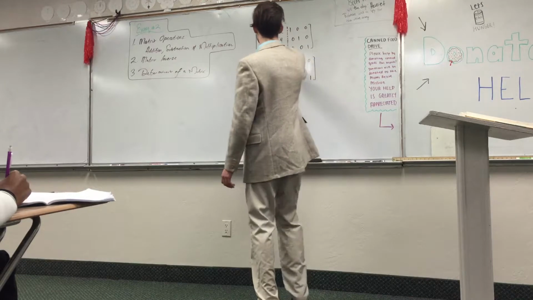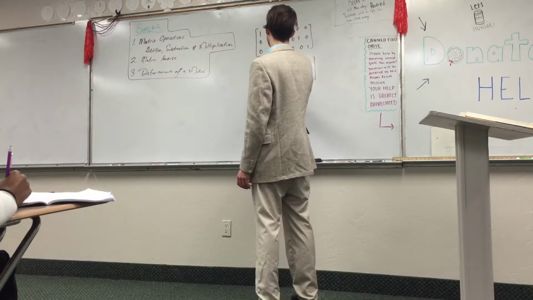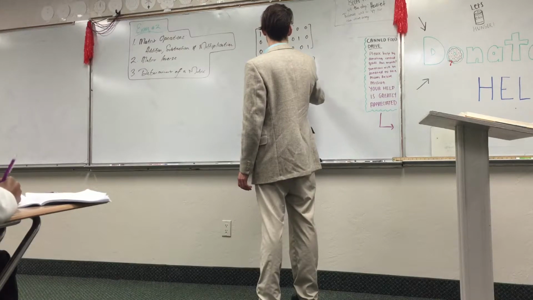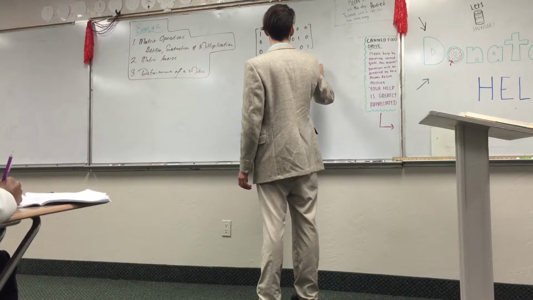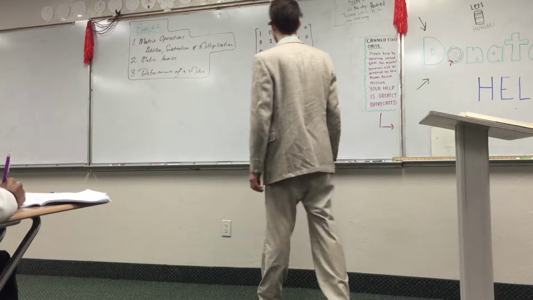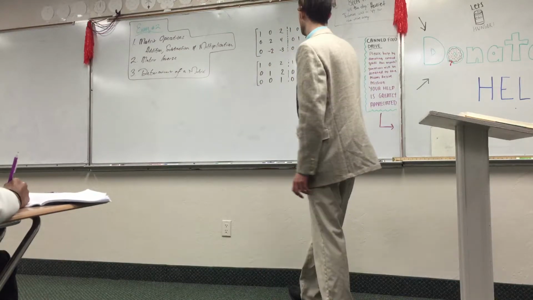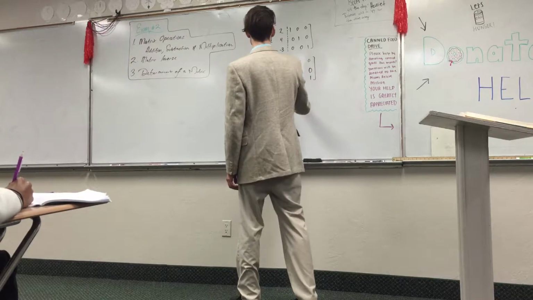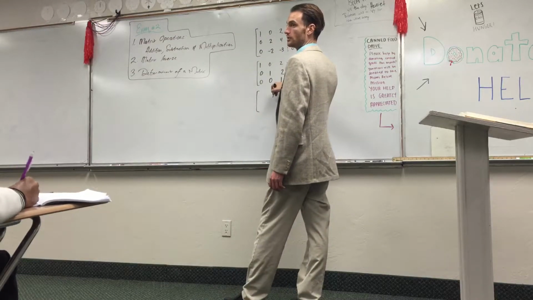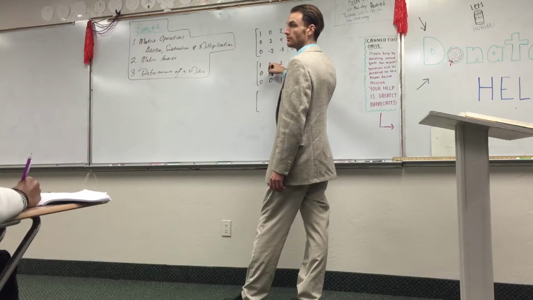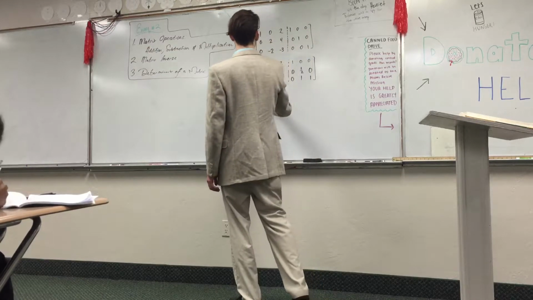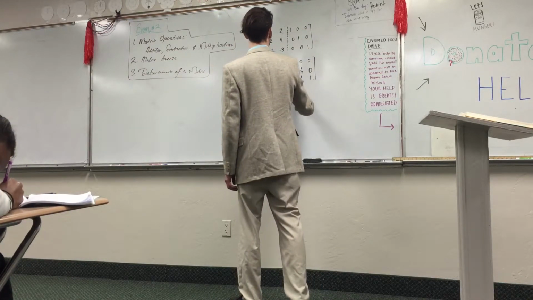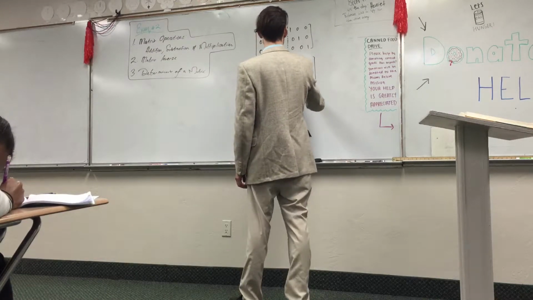Then I want to make this a 1, so I divide that whole row by 2. And then I've got to get rid of these 2's here, so I'm going to do 2 times this row and subtract it from this row.